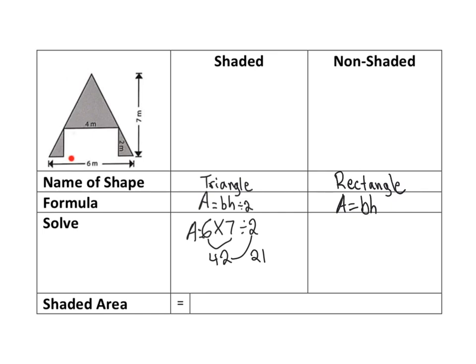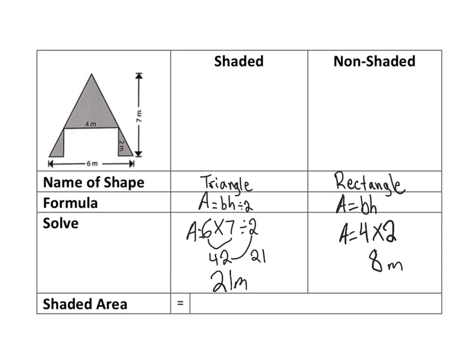So we can see the base of this is the same as the top part of it, which is 4, and the height is 2. So the base is 4. We're going to multiply by 2. 4 times 2 is 8. So for the triangle, we got 21 meters. And for the rectangle, we got 8 meters.